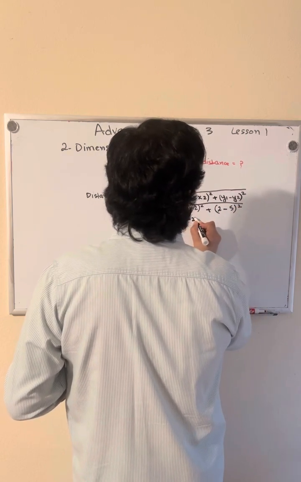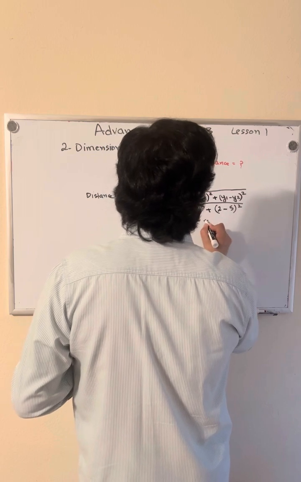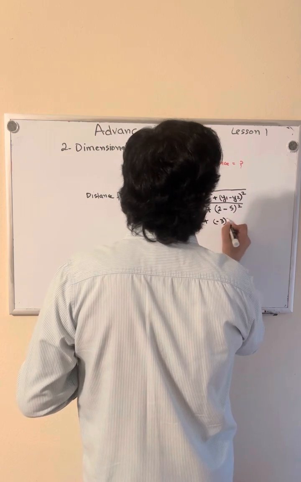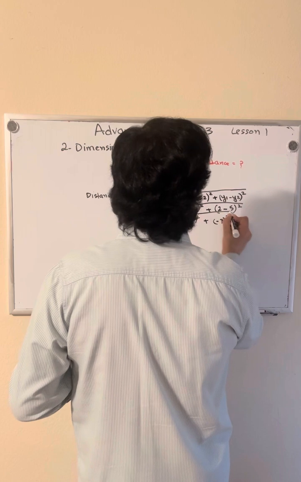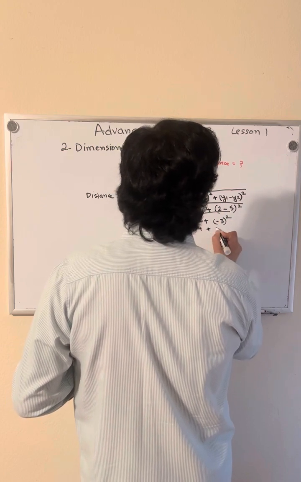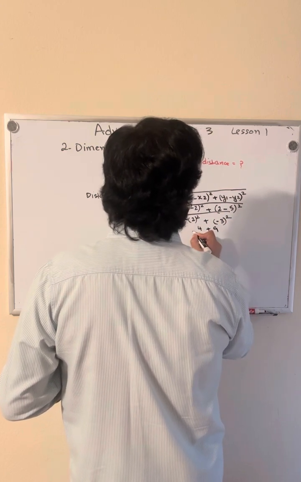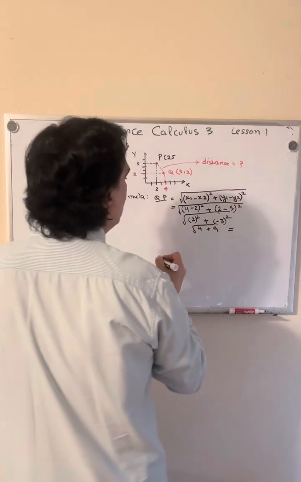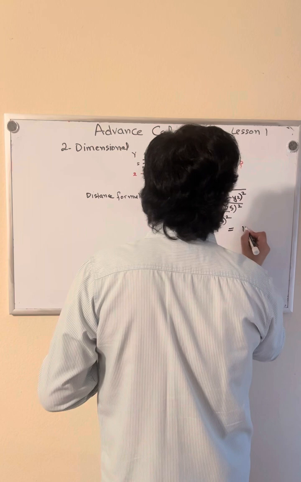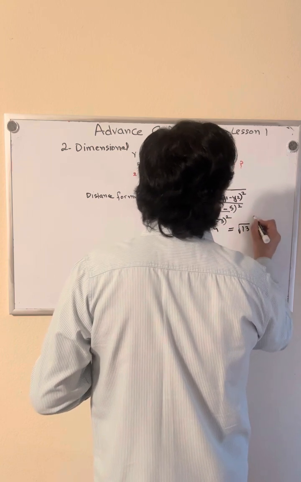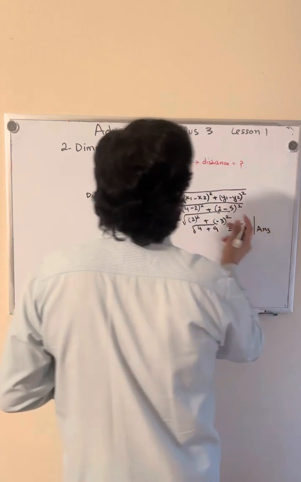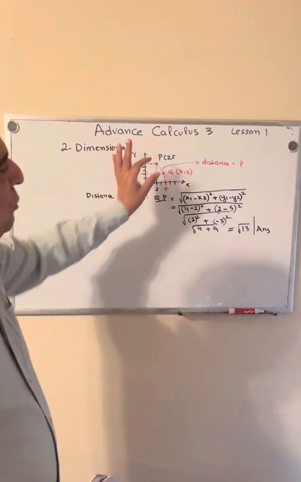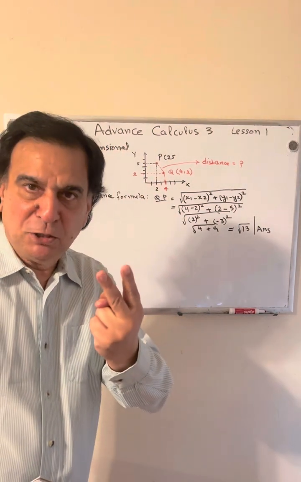So this is going to be 2 squared plus minus 3 squared under the root. So this becomes 4 plus 9 under the root. So 9 plus 4 is 13. So the square root of 13 is the answer. That's how you calculate the distance between 2 points in 2 dimensions.